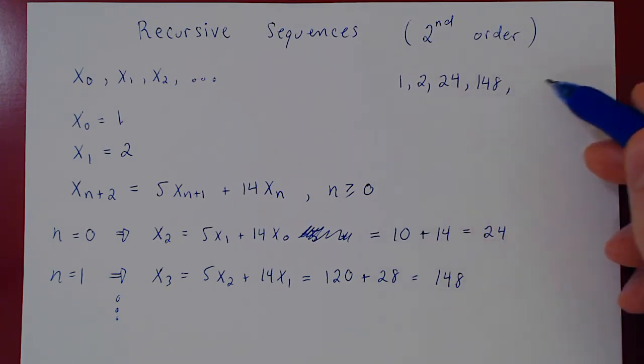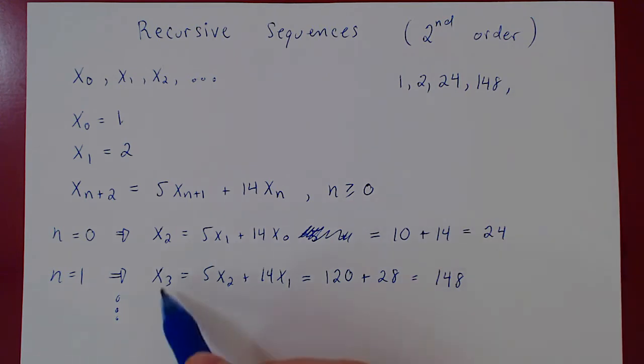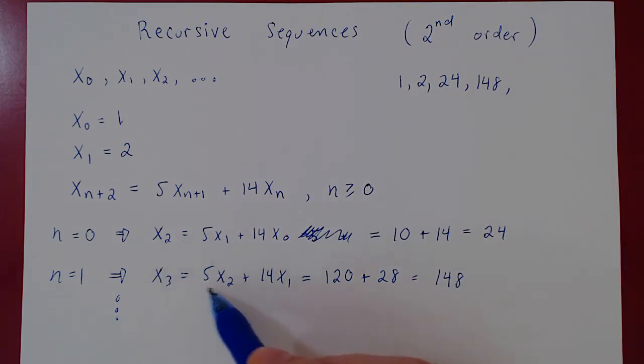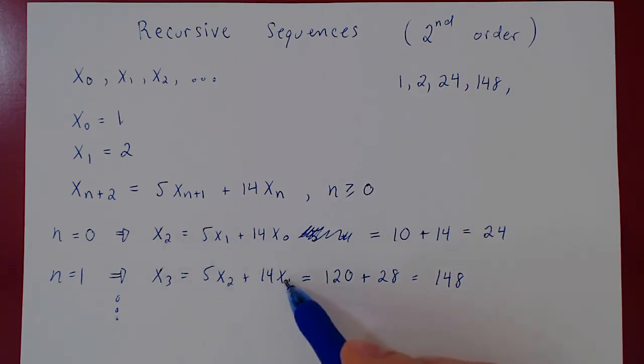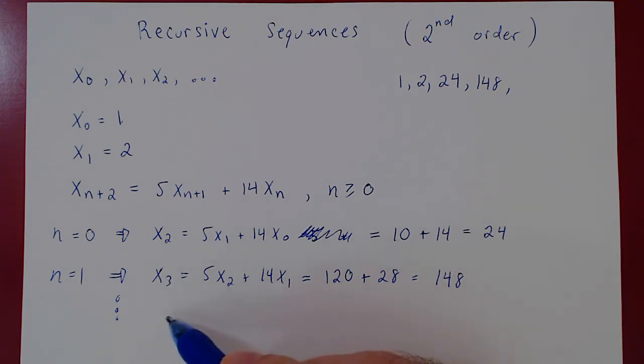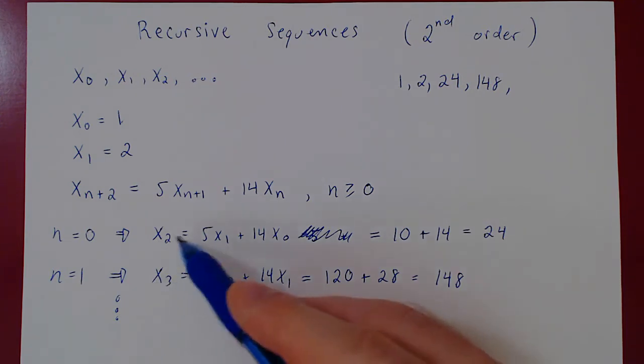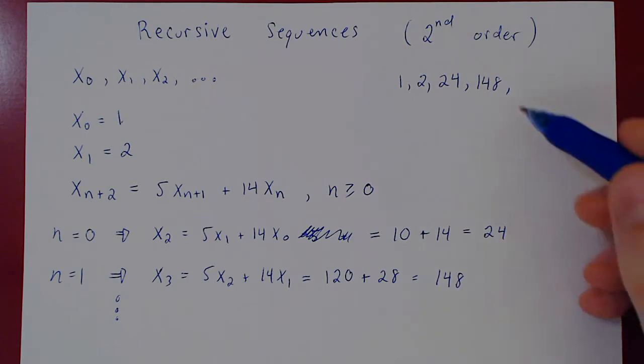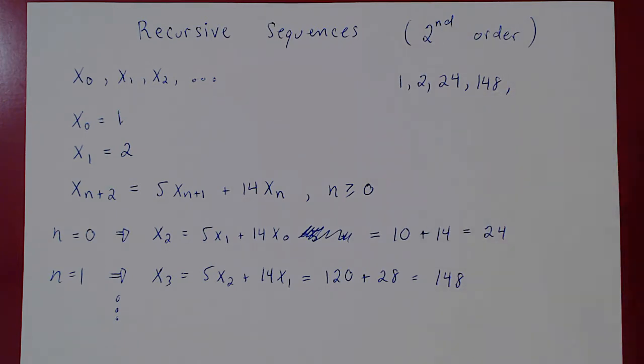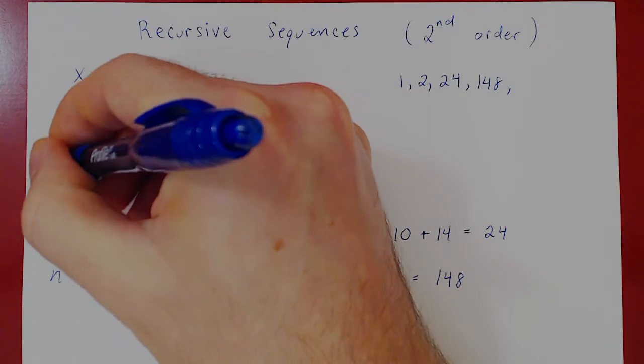You need every term before that one. You could not find x3 without knowing x2 and x1. And you will not be able to find x4 without knowing x3 and x2. So if you want the 1000th term, you have to build every term leading up to it. The question we're going to ask is, can we find a shortcut?